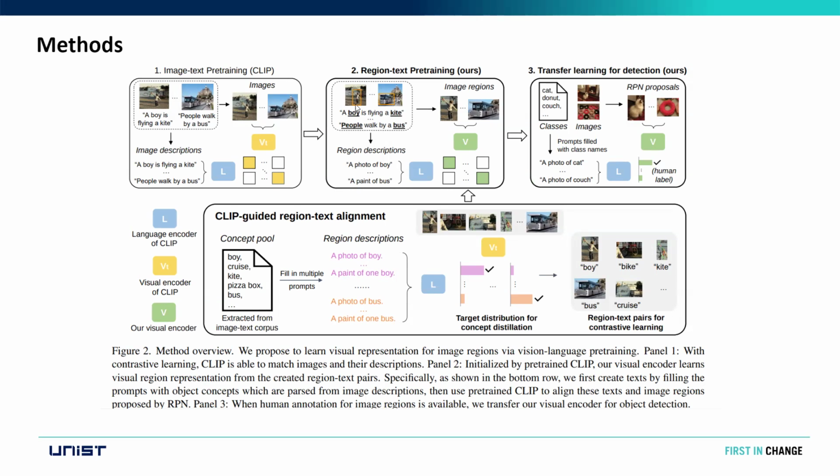Usually an image has a long description, like the boy is flying a kite, the people walking by the bus. So here they get the boy and the kite, and then they fill in multiple prompts to make the region descriptions. They feed these prompts into the language encoder from the pre-trained CLIP so that they get the distribution for concept distillation.